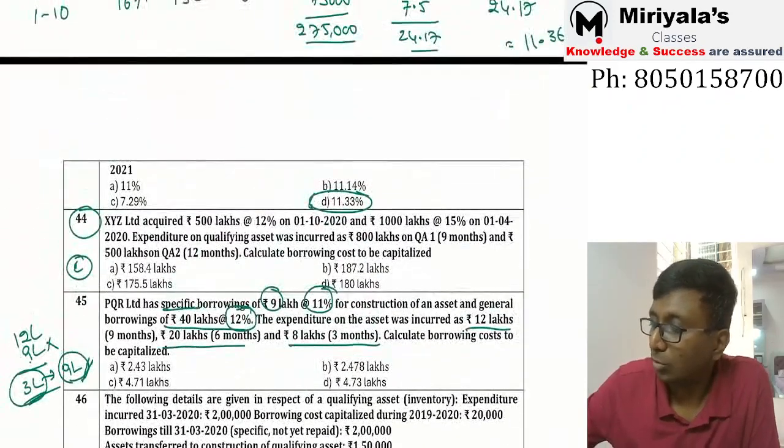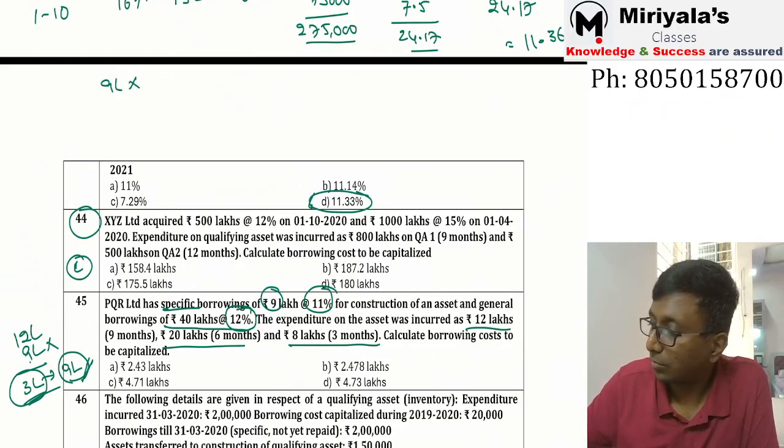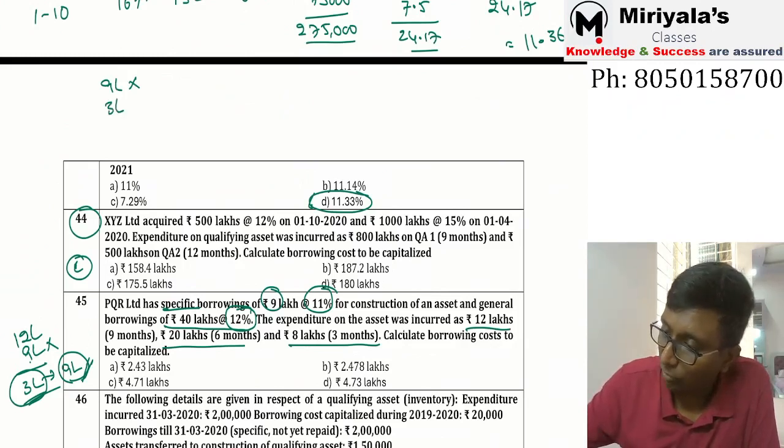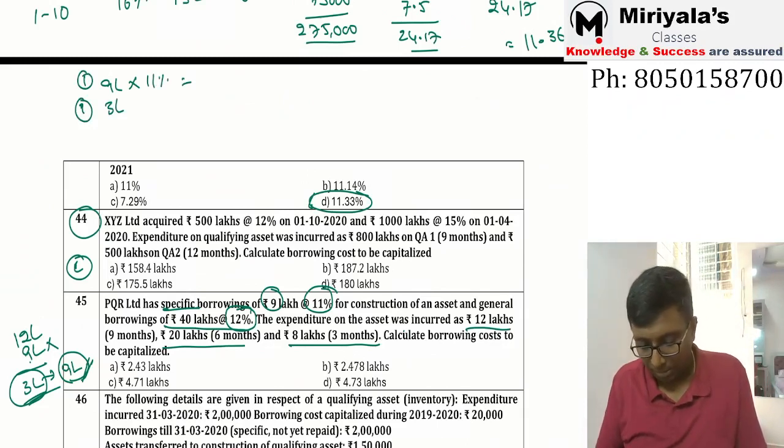Yes, we can do it now here, not a problem. First, 9 lakh rupees, how many months? You have incurred 12 lakh, so the first lot of 9 lakh, for this the 11% rate is applicable. Let me take 9 lakh into 11 percentage into 9 months only, 9 divided by 12.